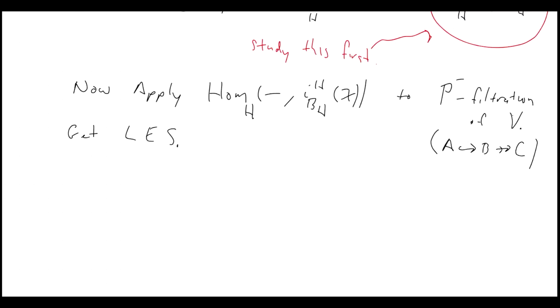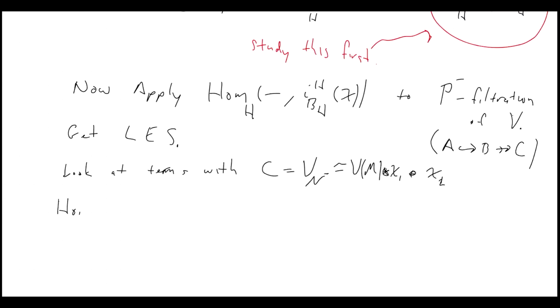And now let's look at the terms involving C. C was the N minus coinvariance. And we knew that this was isomorphic to the minimal representation for M times some character plus some other character. So we want to look at Hom H from C to the induced representation chi. We have an induced representation, so we can apply Frobenius reciprocity.